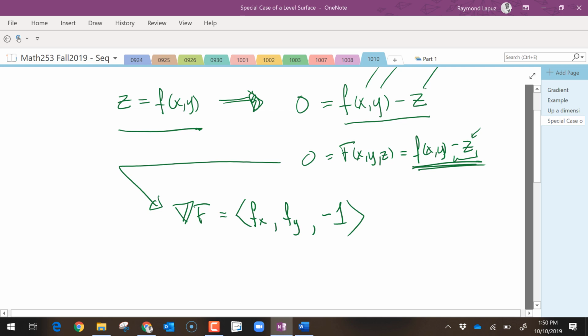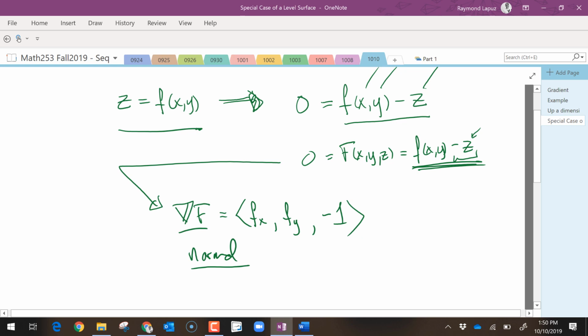What's your question? Where did the negative 1 come from? Well, last time we got negative 1 by the cross product. This time we got the same normal vector. This is, by the way, perpendicular, right?